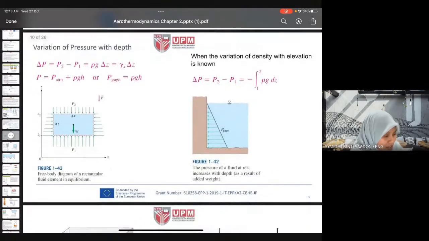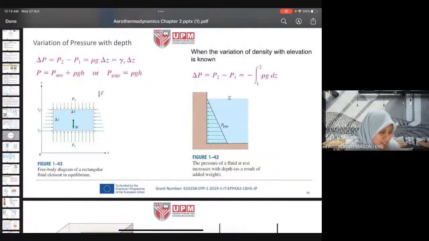Variation of pressure with depth. These are the ones that I mentioned just now, which may be related to fluid mechanics. The change of depth will affect the change of pressure.